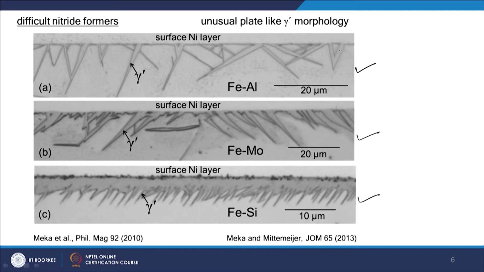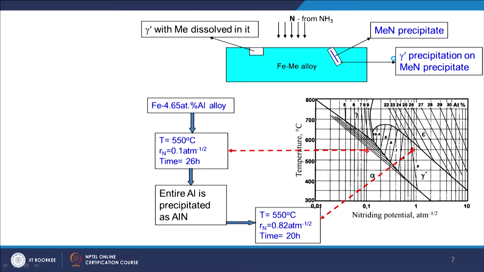If we have a sample which is receiving nitrogen, you expect the highest amount of nitrogen at the surface, and you expect the iron nitride to grow like a layer, but now it is growing like this, which implies that some other mechanism must be operating. So, what kind of mechanisms can be operating?